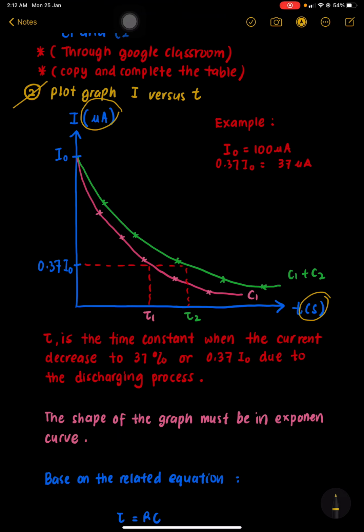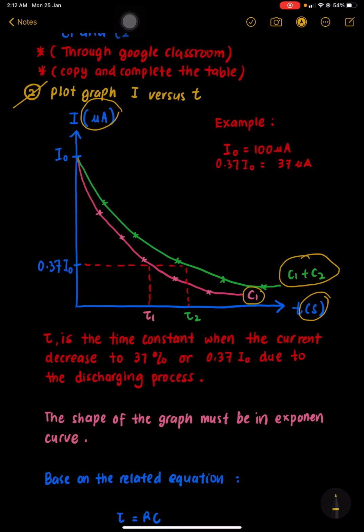Here I have two colors of graph, the green and the pink. The green is for the C1 and C2 connection in parallel, and the pink one is for C1.